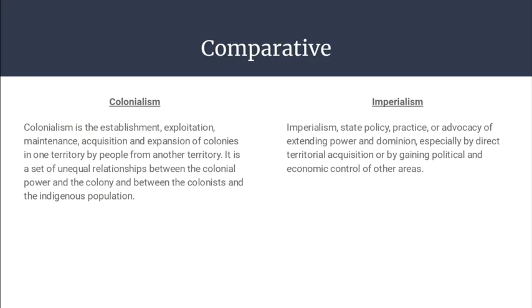So this is a copy of the slide that you saw from the previous lecture. We have a definition of colonialism and a definition of imperialism. For the most part, we'll use them interchangeably because they pretty much are the same. But there are some minor differences. Now, these definitions don't necessarily add up to the way I learned about the differences, but mainly colonialism.